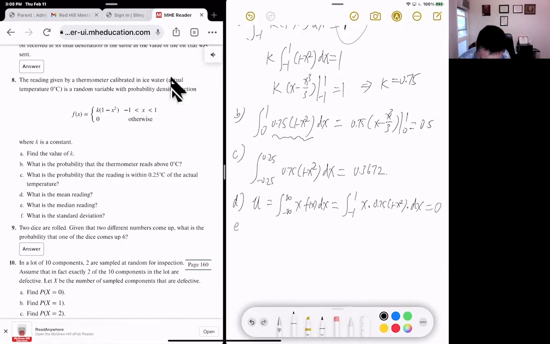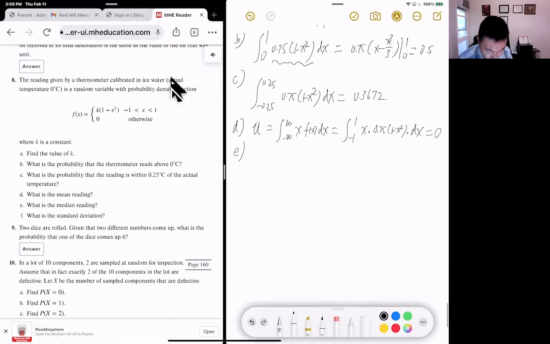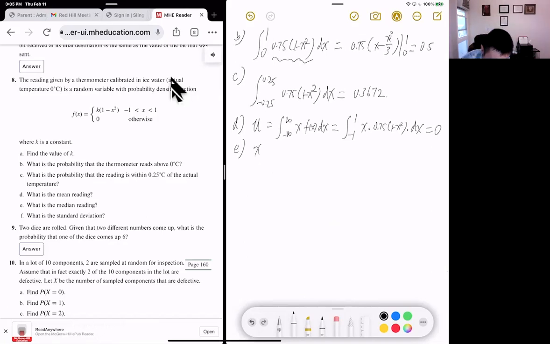E: what is the median reading? To find the median, we call it xm, M is for median. We need to solve the equation: the integral from -1, which is the lowest possible value, to xm of f(x) dx, and that area should equal 50%, 0.5.